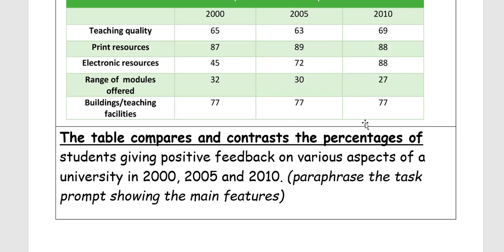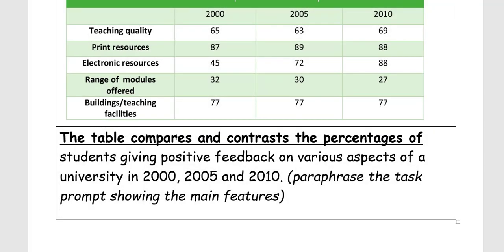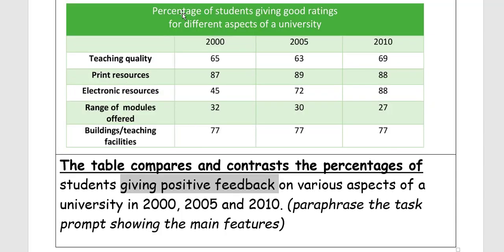So first we need to look at the introduction paragraph. So it's the table, so be very specific. Compares and contrasts. Compare means that we need to focus on something similar. Contrast means that we need to focus on something different. The percentages of students giving positive feedback, because percentage of students giving good ratings.